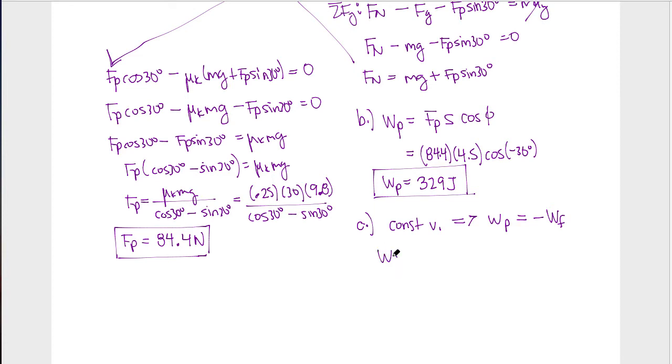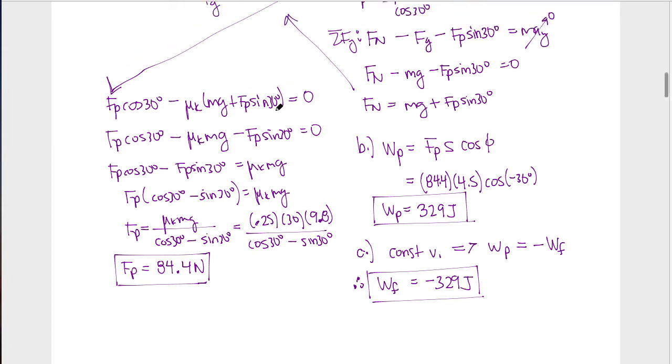Therefore, the work done by friction would be equal to negative 329 joules. We can calculate that if we want, going back and finding mu k times mg plus Fp sine 30, but based off of our knowledge of the work energy theorem, we can skip a lot of steps.